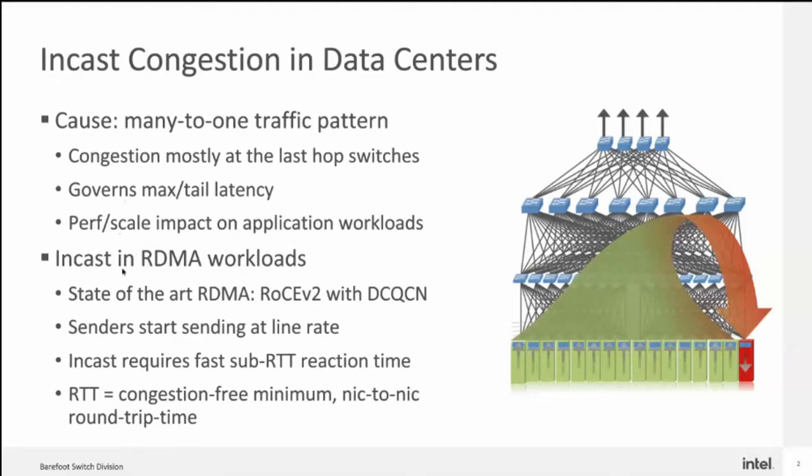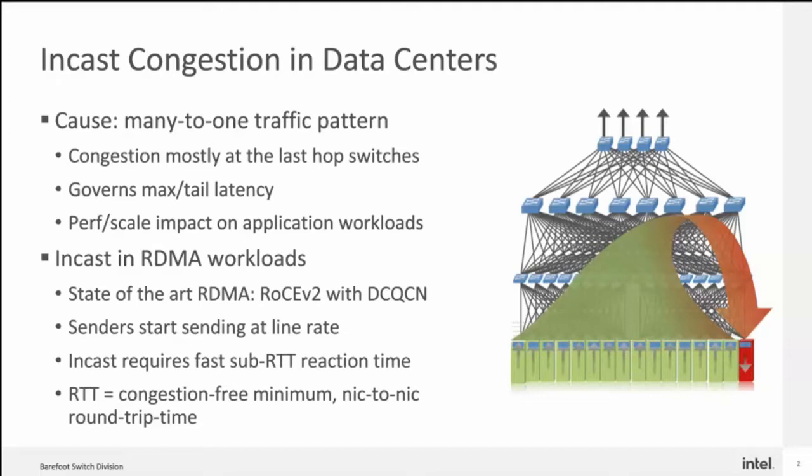And we are talking specifically here about incast in the context of remote direct memory access workloads, so RDMA workloads. And here the state of the art is something like RoCE v2 with DCQCN. These are just two protocols that are used today; I don't think we have to go into detail here.